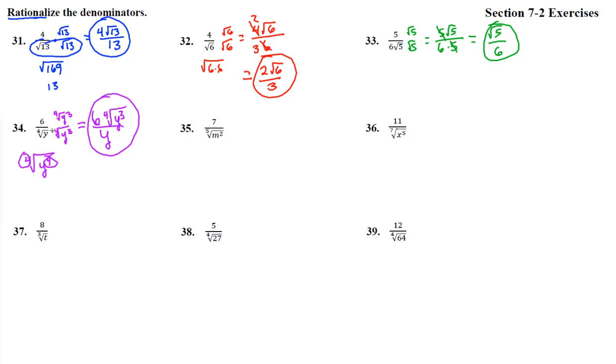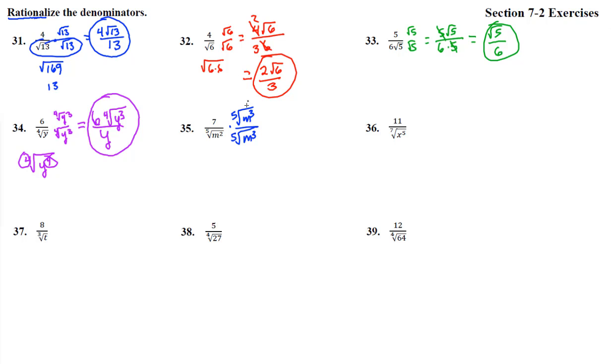We had to multiply by something to get this up to a perfect fourth. Good. So let's try the next one. This is a fifth root, so we need to multiply by something. I see fifth root of m and fifth root of m. We need to multiply by m to some power to make this up to a perfect fifth. Well, we already have 2 of them, so we need to multiply by 3 more. And look at the power that we have to pick.